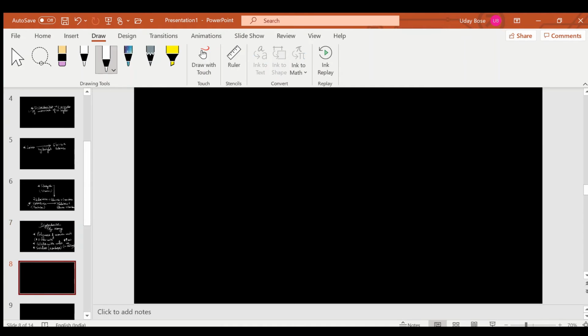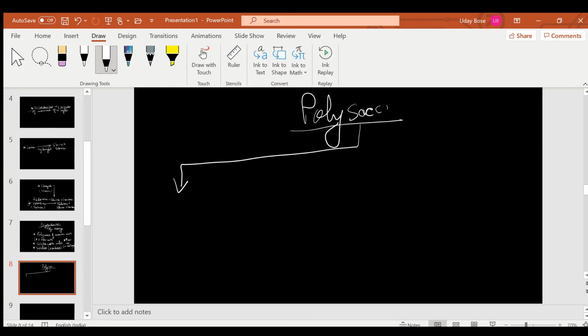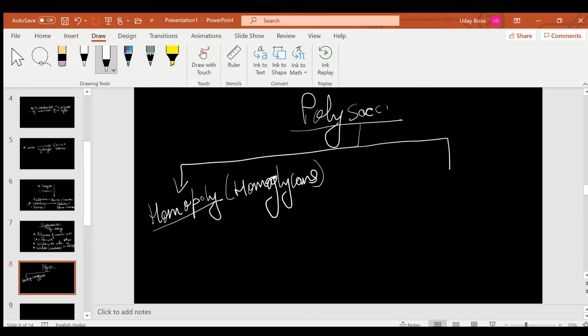And the types of polysaccharides: homopolysaccharide or homoglycans, and heteropolysaccharide or heteroglycans. So polysaccharide is divided into homopolysaccharide or homoglycans and heteropolysaccharide or heteroglycans.